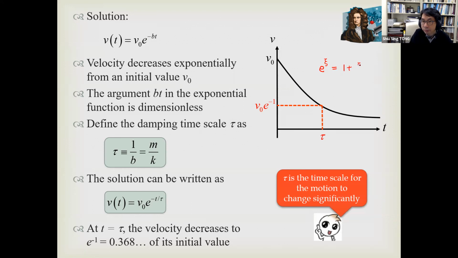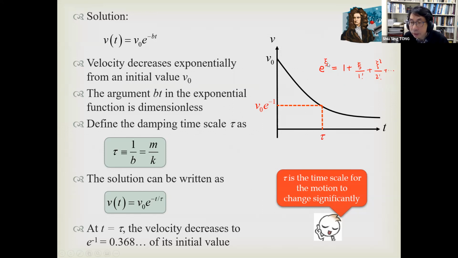I don't know if you remember it. It's something like this, right? If you learn pure mathematics, this infinite series is actually the definition of the exponential function, right? But if you don't know about it, don't worry. I just want to show you a few terms.